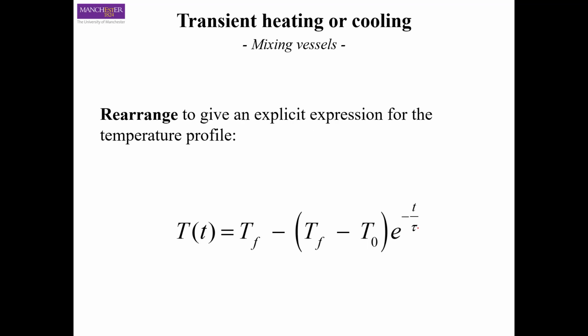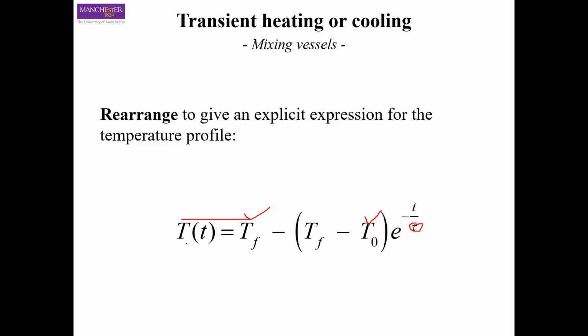Okay, so what this equation shows you is that if you have fixed conditions, like you know what the heating fluid is, what the temperature of the heating fluid is, what the initial temperature of the fluid is, and what the time constant is, then your final temperature will depend on the time.